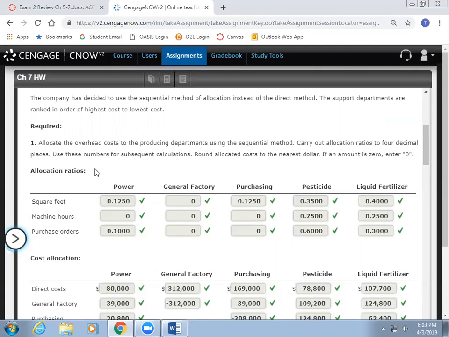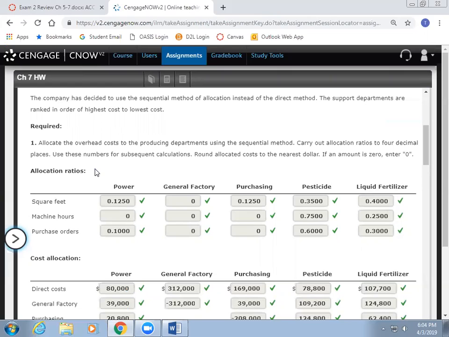And then the next one, I think, is you apply purchasing next, because it's the second highest. So purchasing is based on purchase order, so that's line 3 here. Purchasing gets applied to power and then the 2 production, because you don't want to apply any purchasing into general factory since you've already allocated general factory.